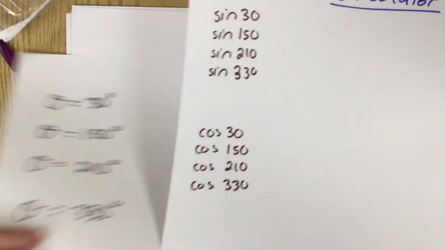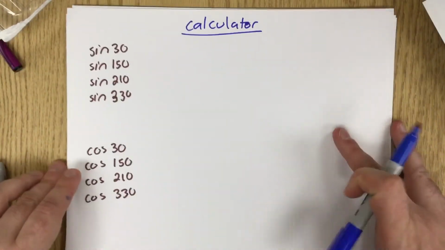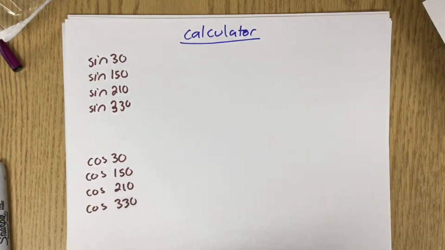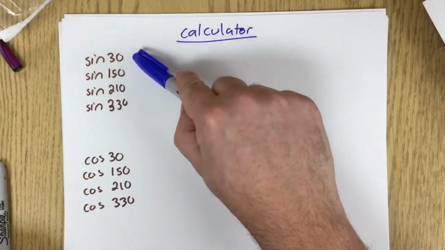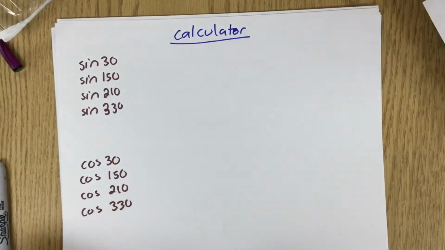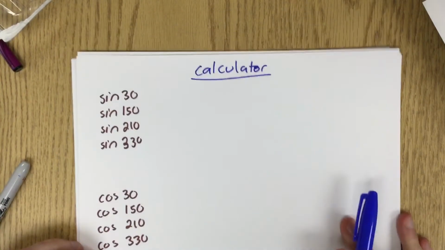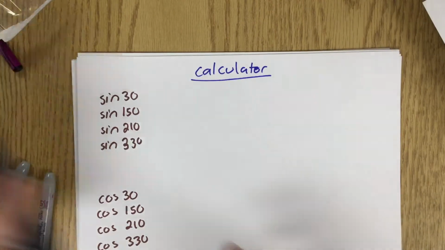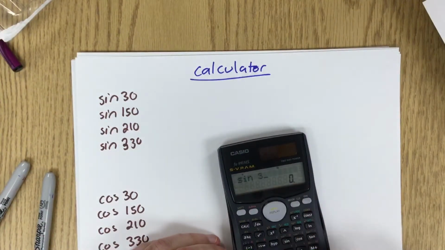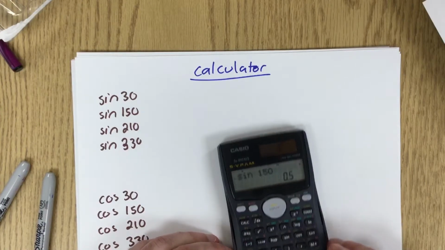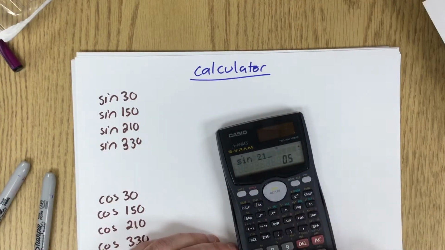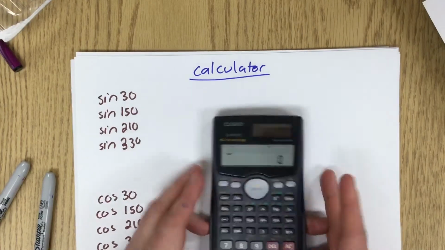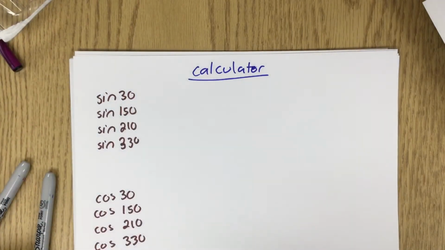So what we're going to do is some calculator work now. And we're going to start figuring out what all these things are equal to. So I want sine 30, sine 150, sine 210, sine 330, and so on and so forth. So you type in sine 30 is 0.5, sine 150 is 0.5, sine 210 is negative 0.5, and so on and so forth.